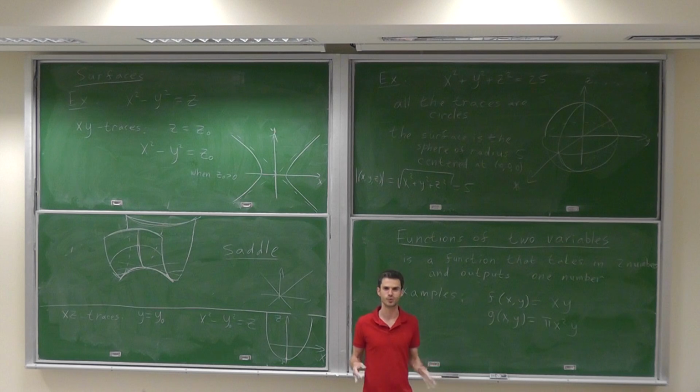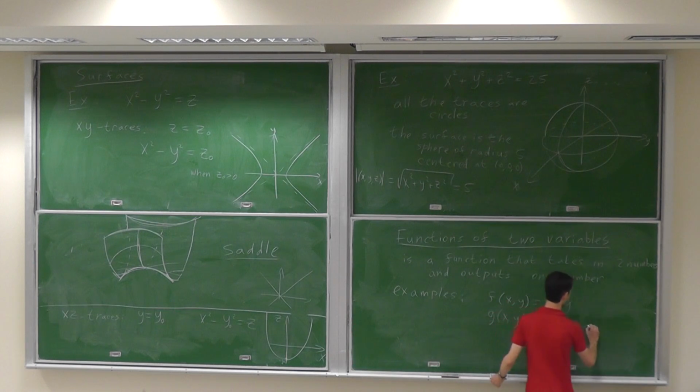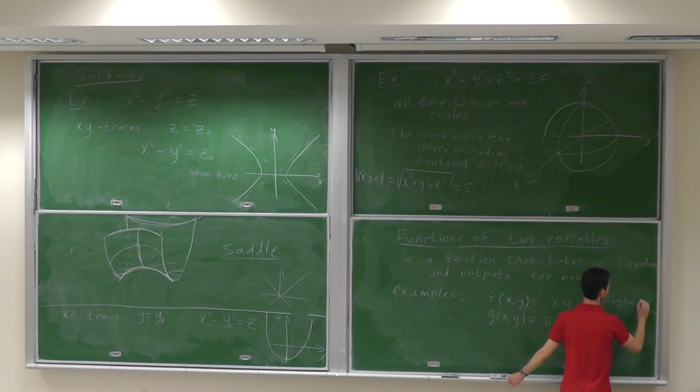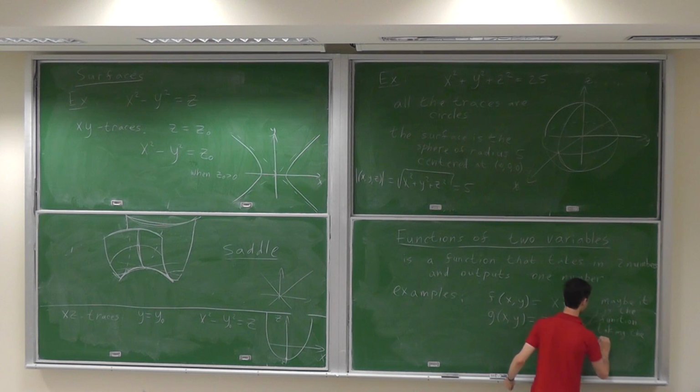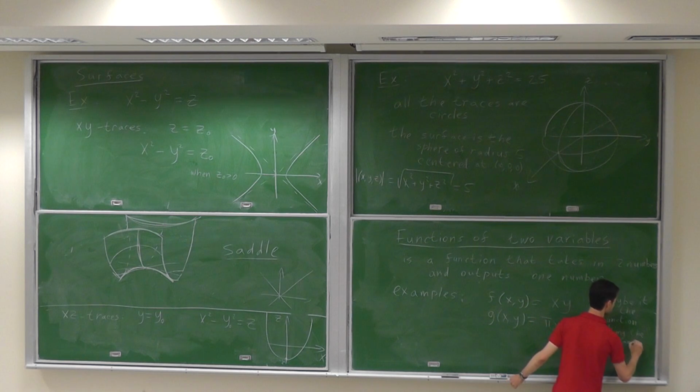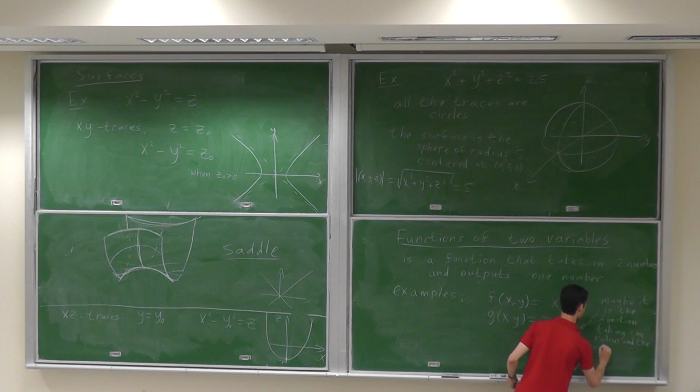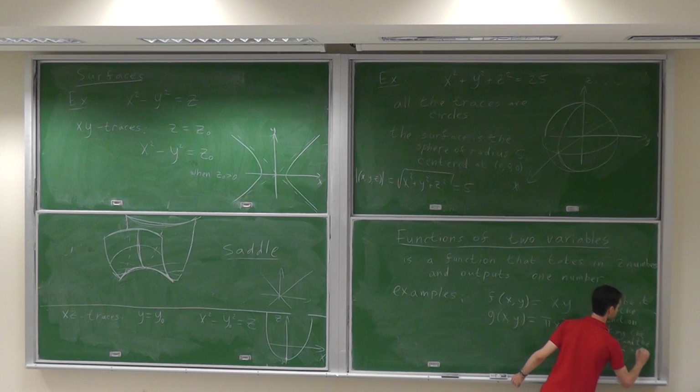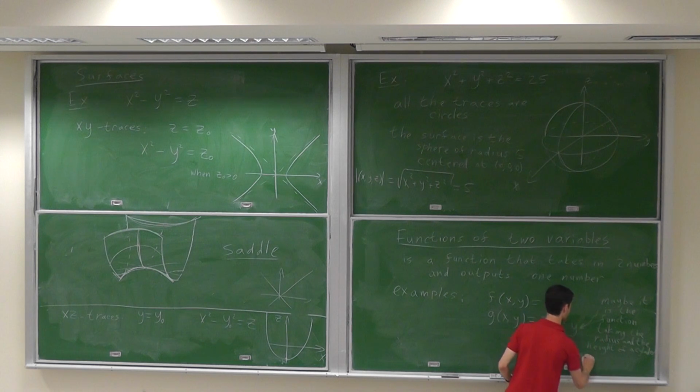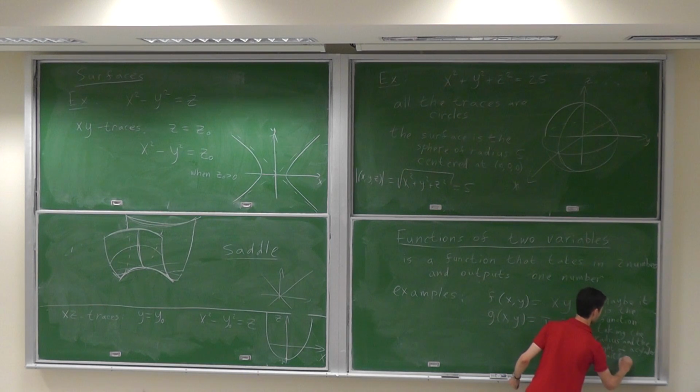It might have actually come from somewhere. Maybe it is the function taking the radius and the height of the cylinder and spitting out its volume.